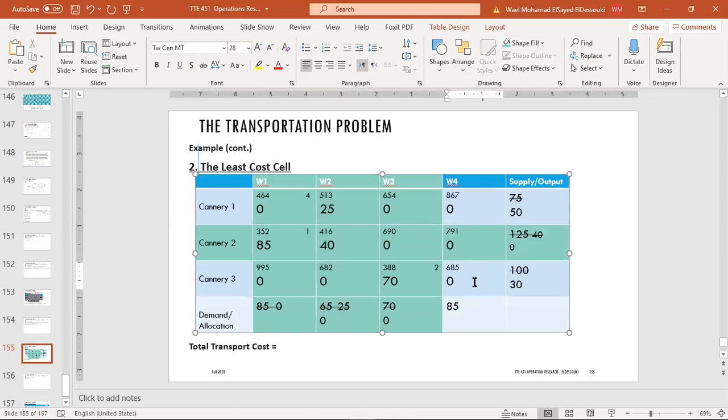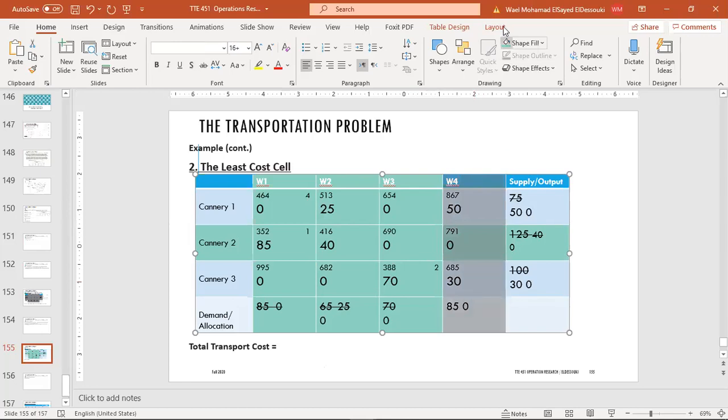This one. 600. Okay, we assign here 30. Okay, and we assign here 50. Correct? And here is going to be 0, and here is going to be 0, and here will be 0. Okay? So let's go and calculate our new cost.